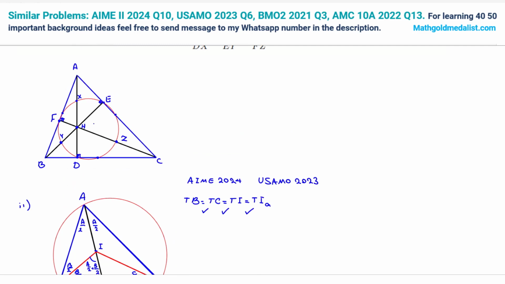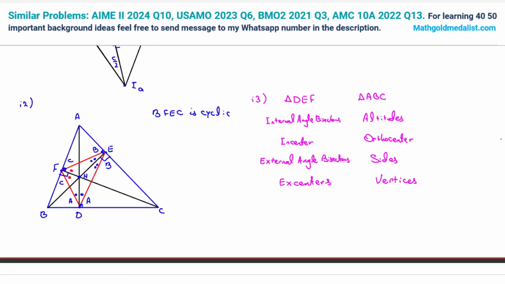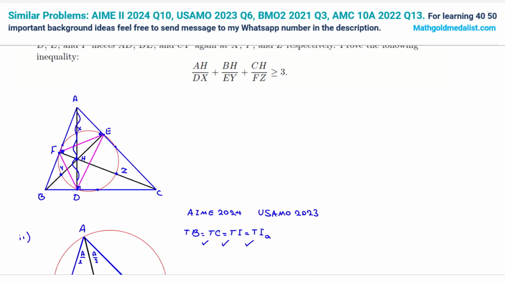If you consider triangle DEF, let me draw this triangle DEF. We can say this line is an internal angle bisector, as we proved with idea 3 and idea 2. It is an internal angle bisector, and it is the circumcircle of DEF.